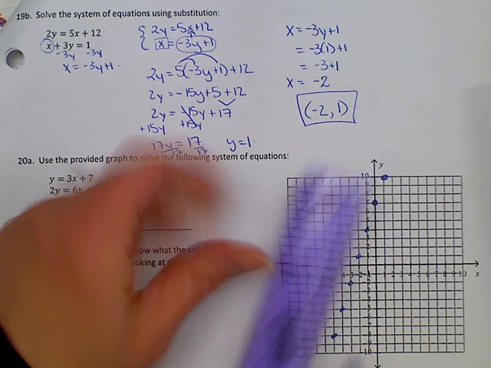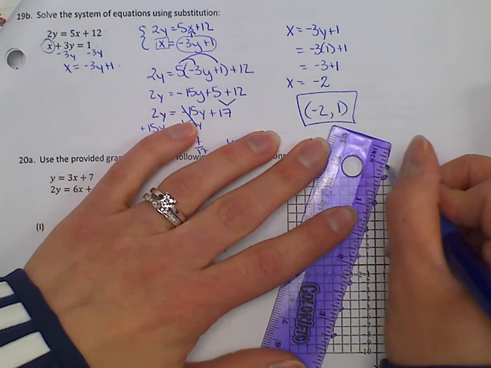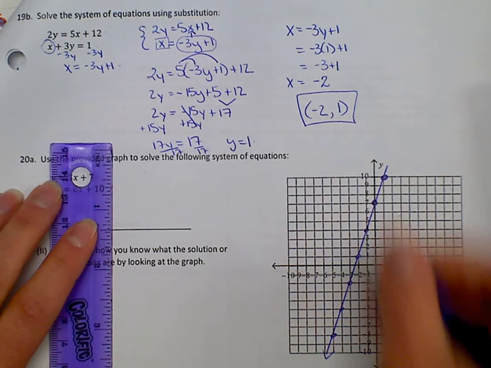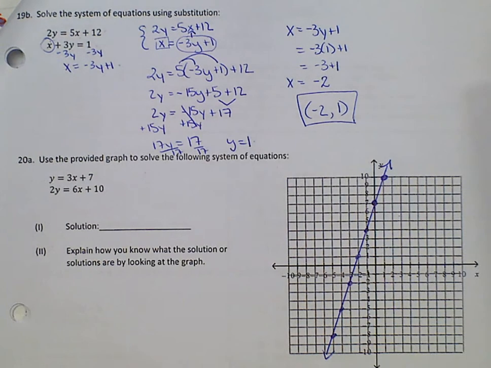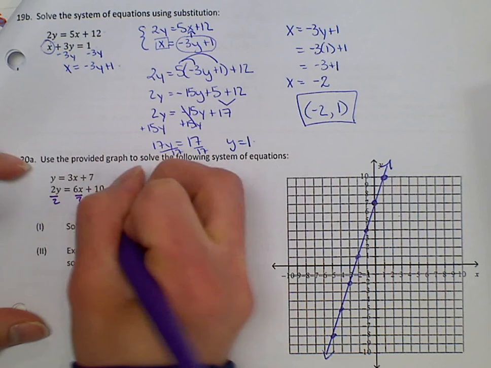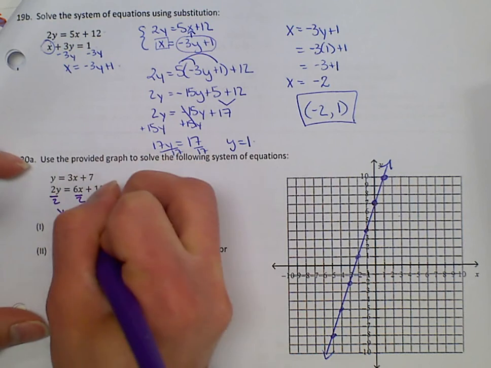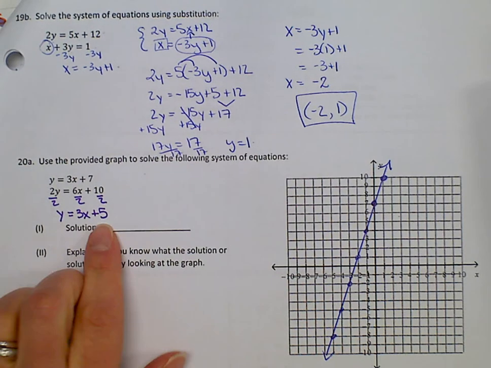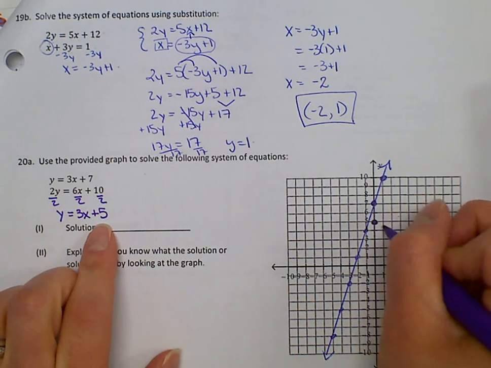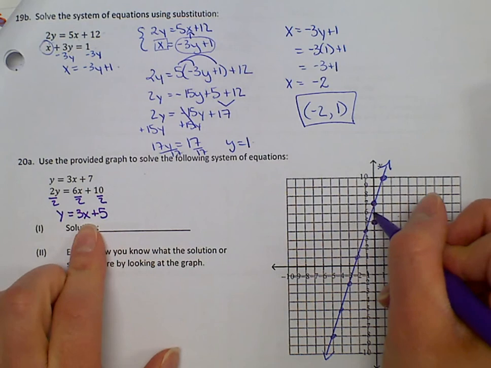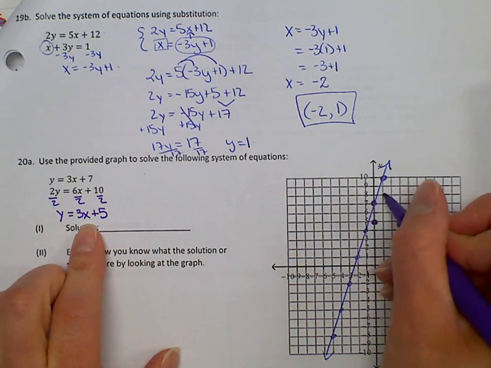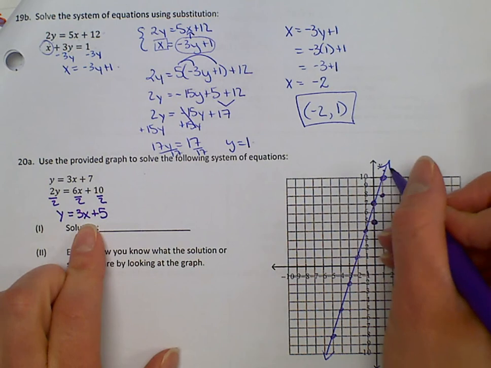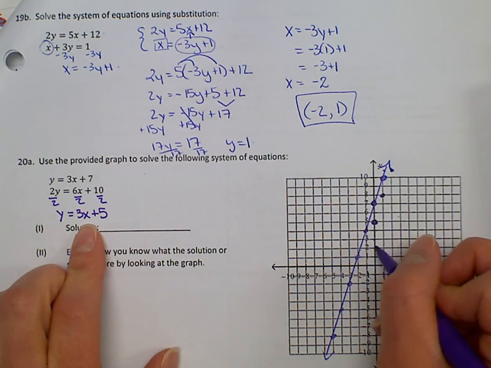The second line is easier to graph if we have it in slope-intercept form. So what I'm going to do is solve the second equation for y. Then I'm going to graph it in a different color here. So it's y equals 3x plus 5. So I go to 5 on the y-axis, then I'm going to rise 3, up 3, run to the right 1, or down 3 and to the left 1.